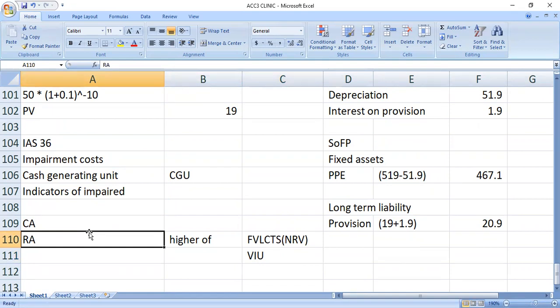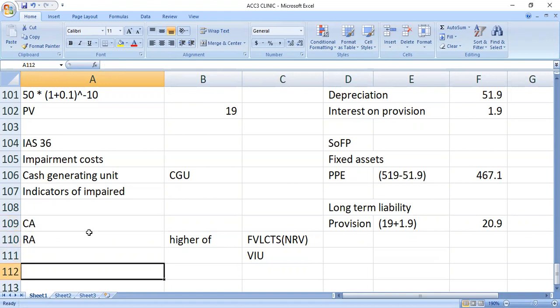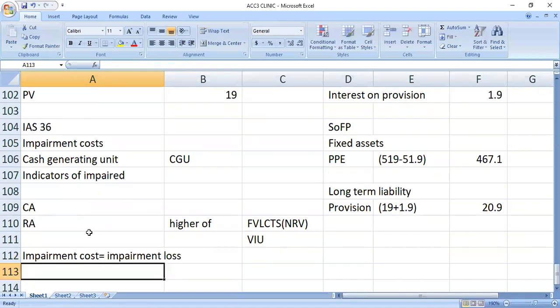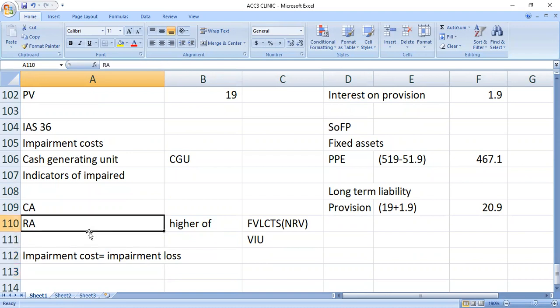Now this brings me to impairment loss. We say an asset is impaired if the recoverable amount, how much you expect to get from the asset, is less than the carrying amount.